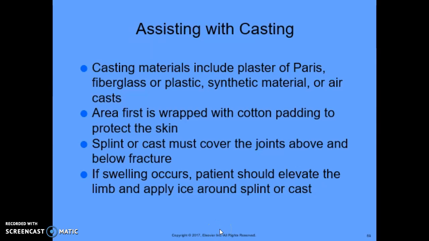Casting materials include plaster of Paris, fiberglass or plastic, synthetic material, or air casts. The area is first wrapped with cotton padding to protect the skin, and the splint or cast must cover the joints above and below the fracture. If swelling occurs, the patient should elevate the limb and apply ice around the splint or cast.